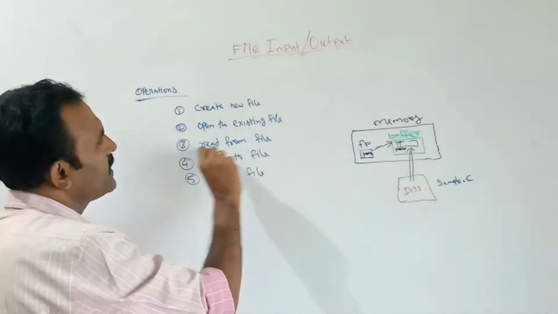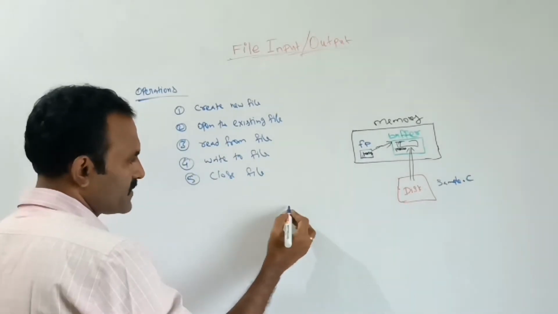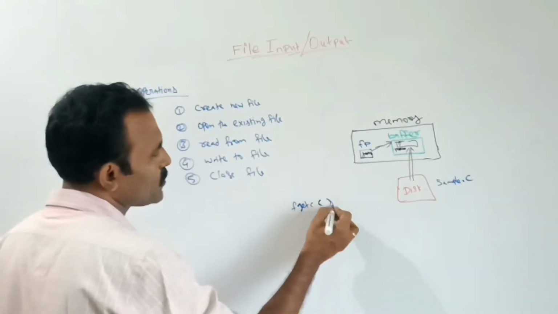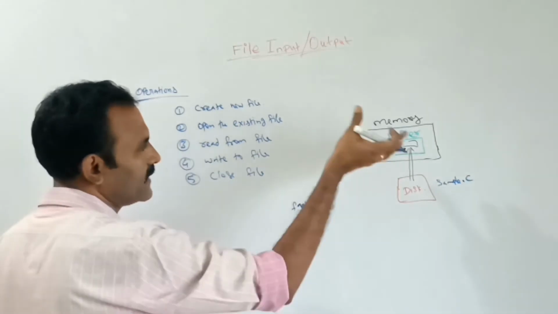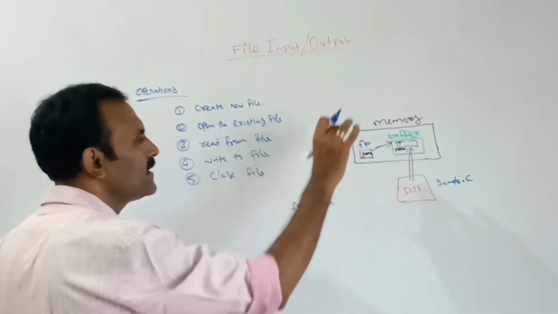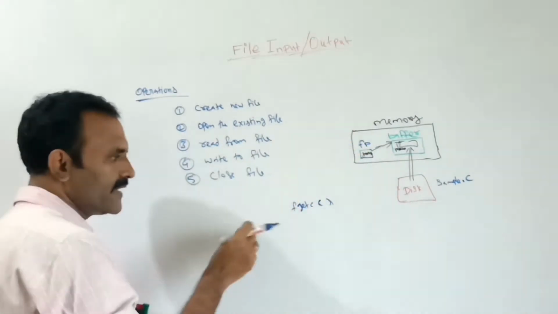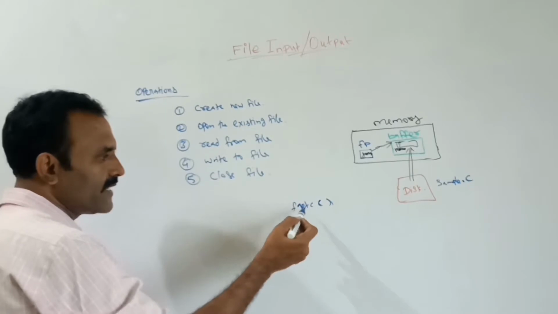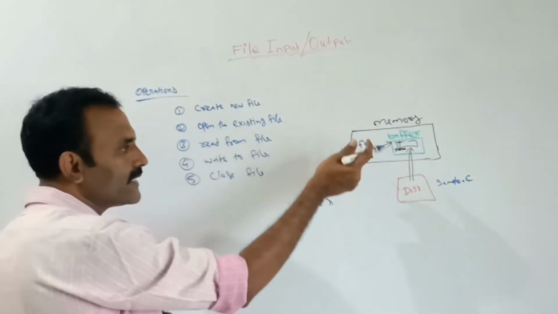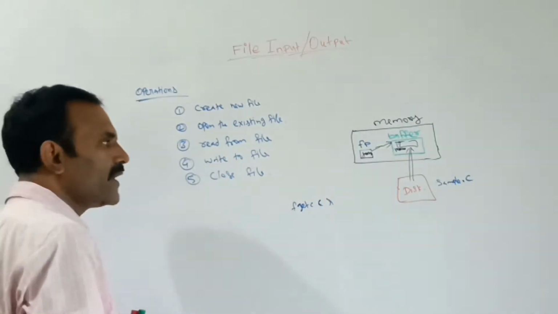Let us see reading from the file. After opening the file, by using the function fgetc, we read the content inside the buffer. With the help of this file pointer we get the starting letter, and from the starting letter we can read. So fgetc is used to read the content inside the buffer by using the file pointer, that is fp.